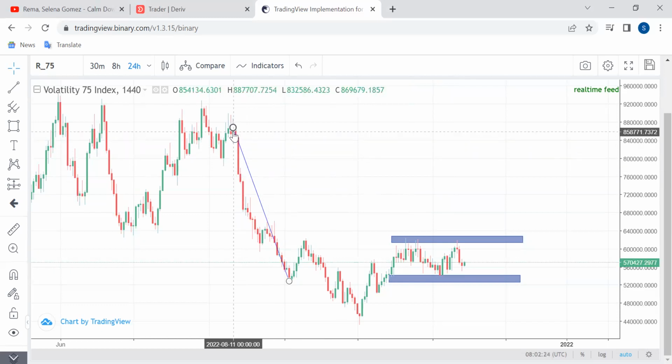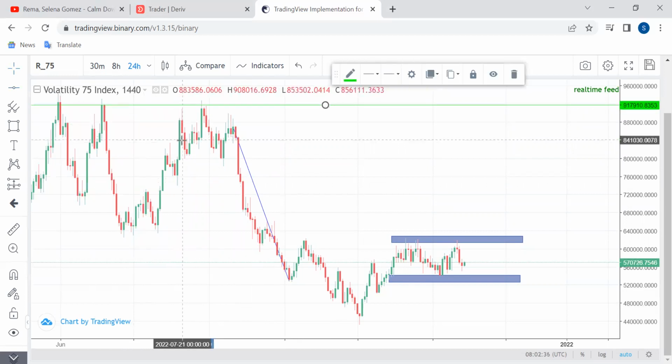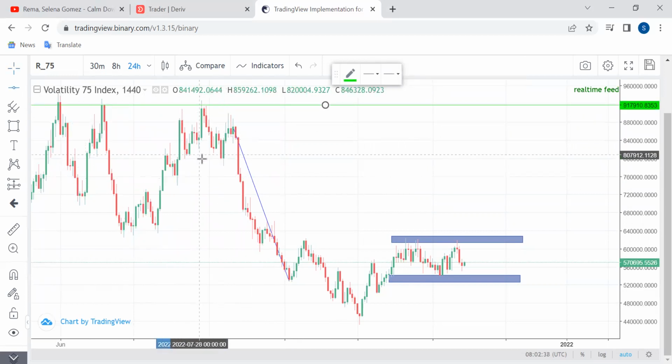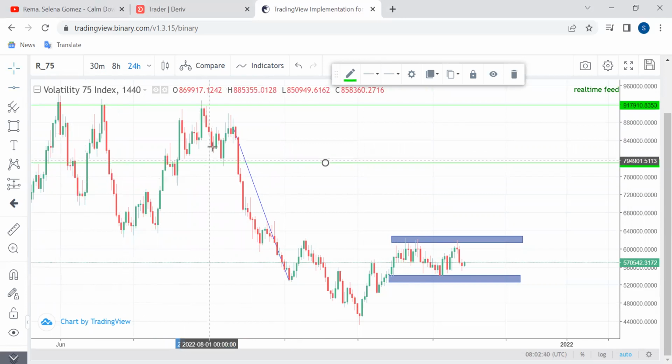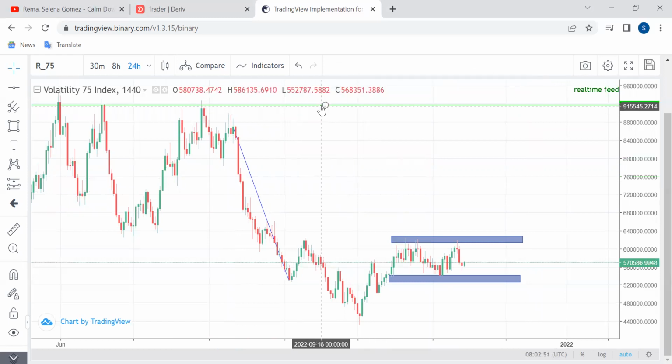That is what we call an impulse. And you see, before the impulse happened, we had this consolidation here, right here. So in between here, we had the consolidation, and then the market broke out of the consolidation into the bearish move that you see there.